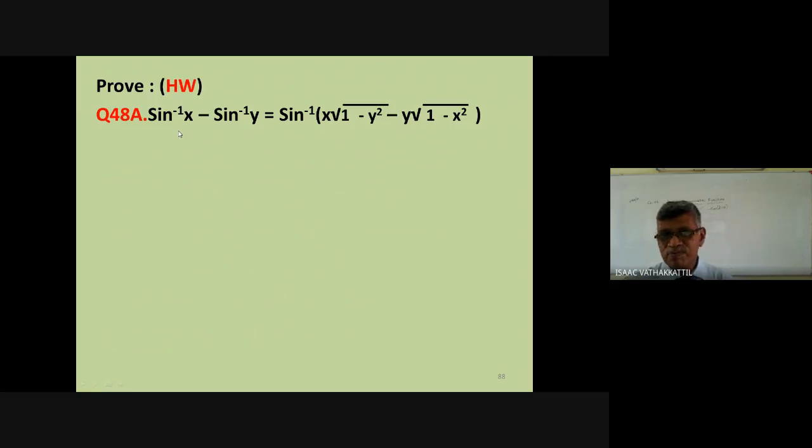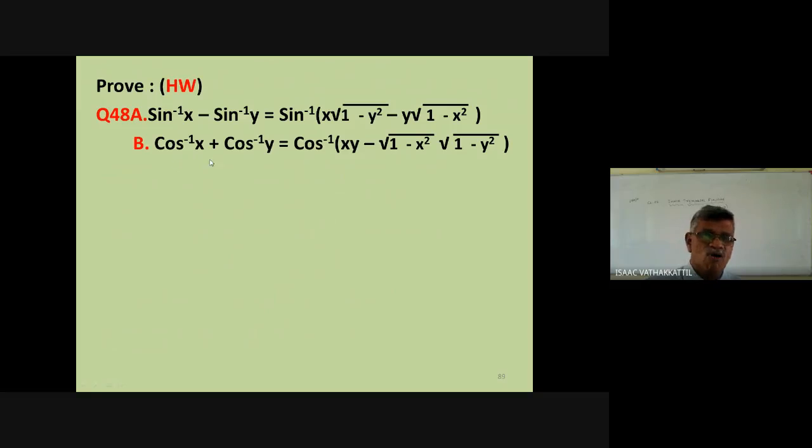How will you get it? Put sine inverse x equal to a so that x equal to sine a, and sine inverse y equal to b so that y equal to sine b. And further, you can easily find what is root of 1 minus x squared and what is root of 1 minus y squared, and find the value of sine a minus b and proceed.